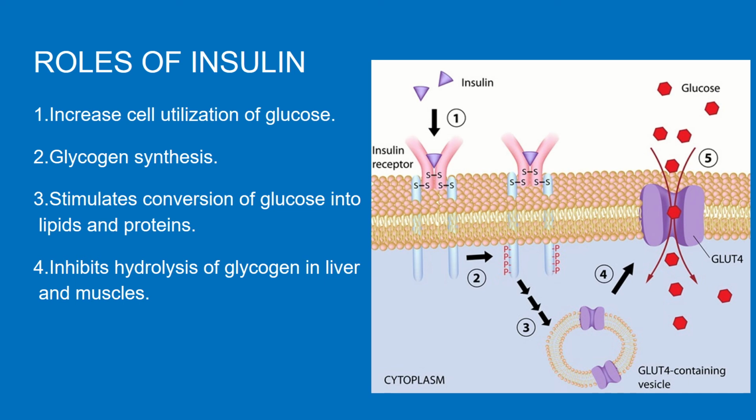Number 3, insulin also stimulates conversion of glucose into lipids and proteins, which in turn reduces glucose levels in blood. Number 4, insulin inhibits breakdown, or you can say hydrolysis, of glycogen in liver and muscle cells.